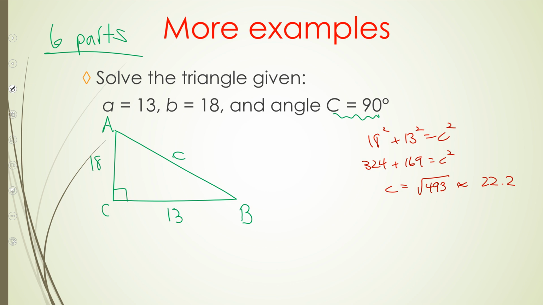Any problems there? I do not want to use that value to calculate anything. I'm just solving part of the problem by finding c. Does it make sense? Yes, because c is the hypotenuse and that's the longest side. Any problems there? That's not trig, that's just Pythagorean theorem.